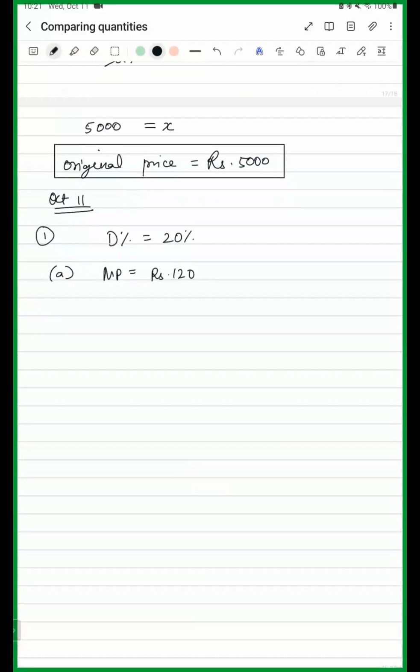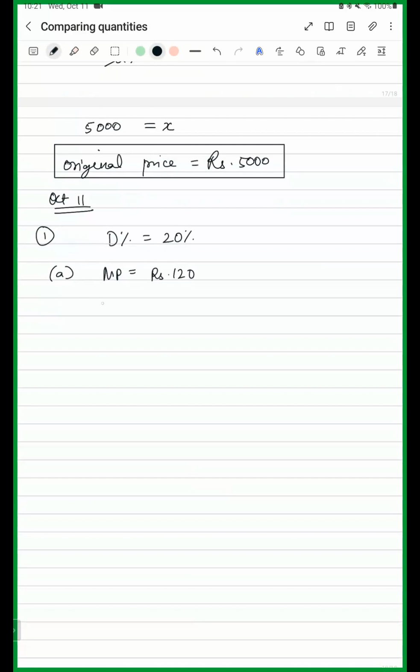Now, the marked price is rupees 120 for the A part. There's a dress, and at that shop, that dress is for 120 rupees, and we are having a discount of 20%. Now, we are supposed to find the sale price, meaning at what price am I going to get the dress? Fine.